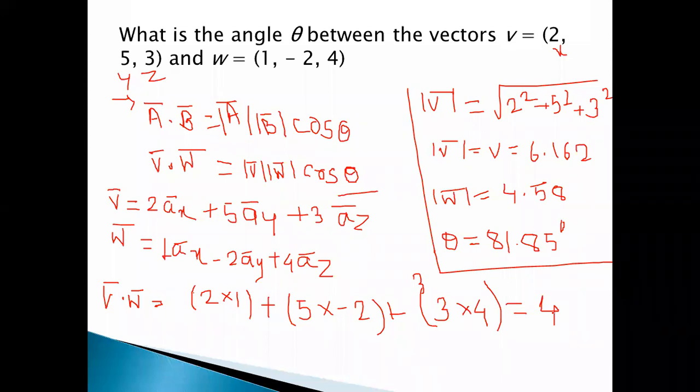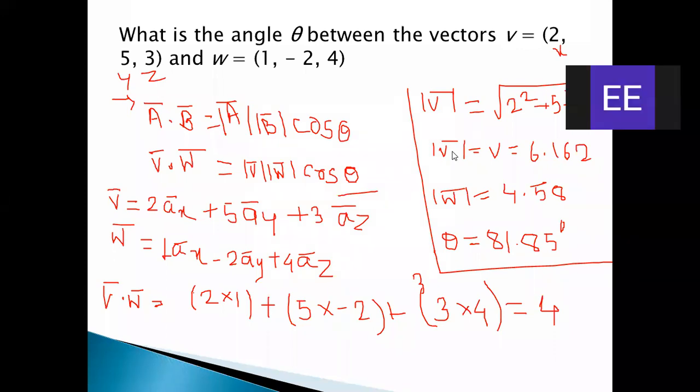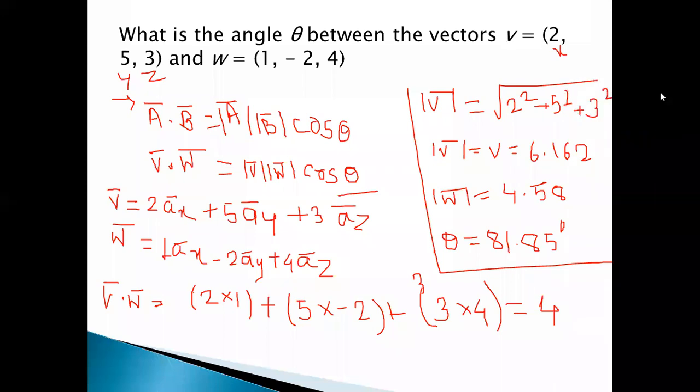Roll number 1, those who are present, show me your notebooks. And be fast.